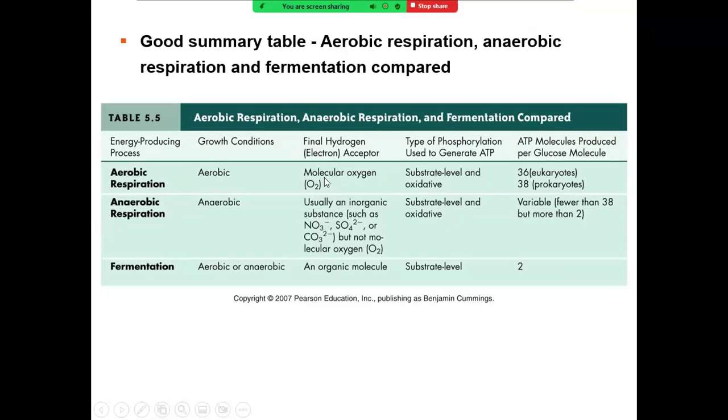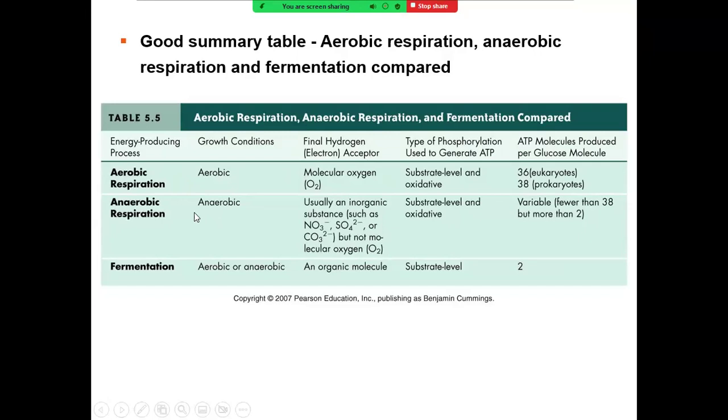So this is a good summary table looking at aerobic respiration, anaerobic respiration, and fermentation, and then comparing them. Aerobic respiration has to occur with oxygen. So the growth is aerobic, where oxygen is present. The final electron acceptor is oxygen.